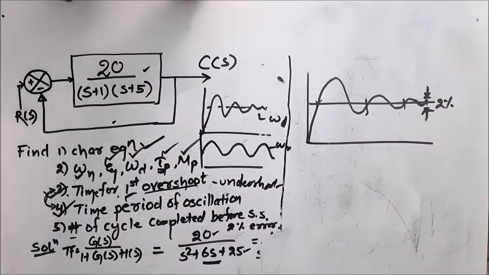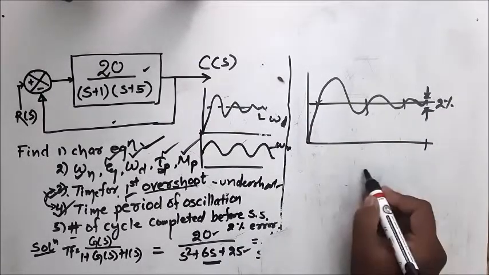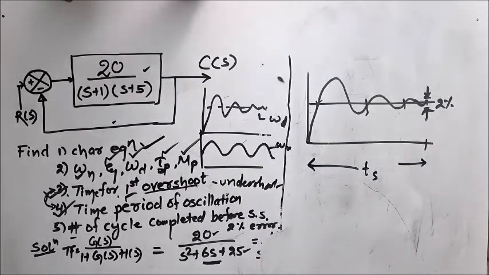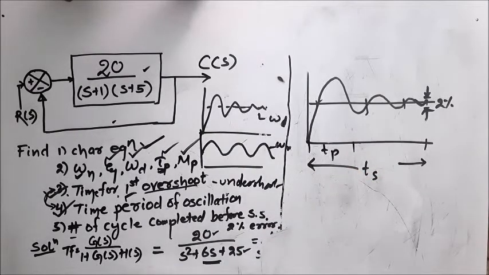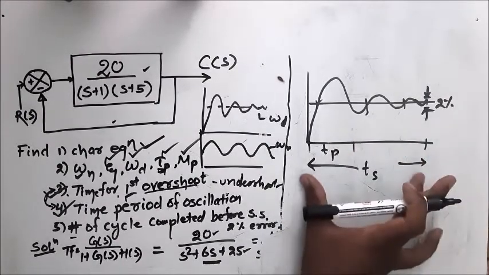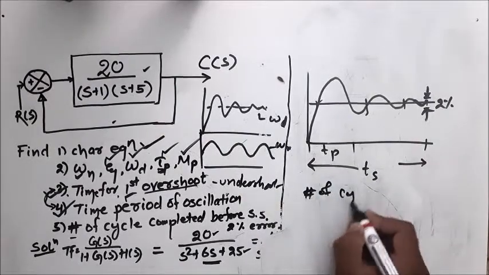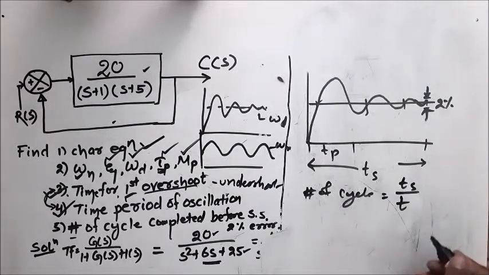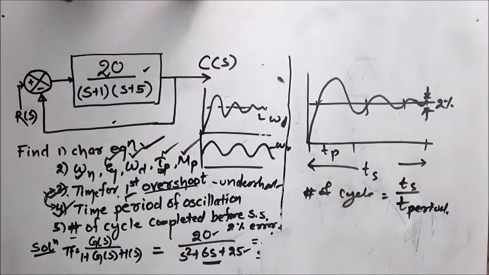If I know the settling time Ts and the time period Tp, I can find how many time periods happen in one settling time. So the number of cycles equals Ts divided by the time period of a single wave.